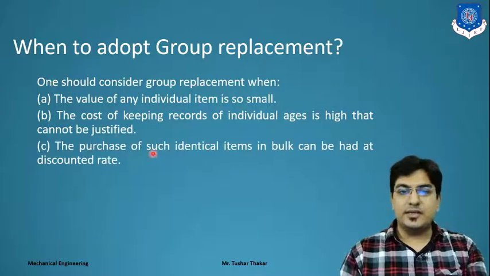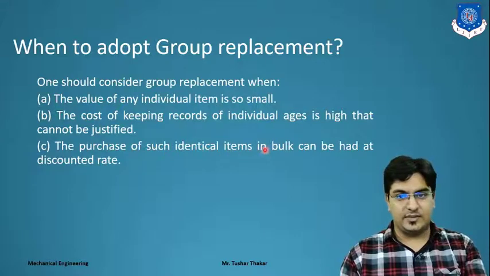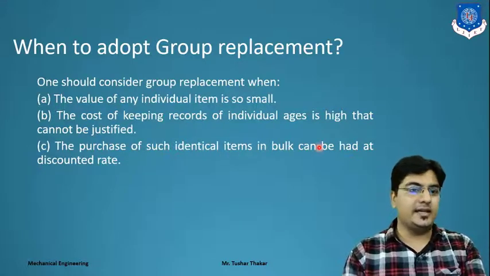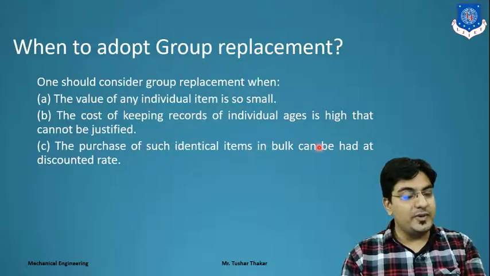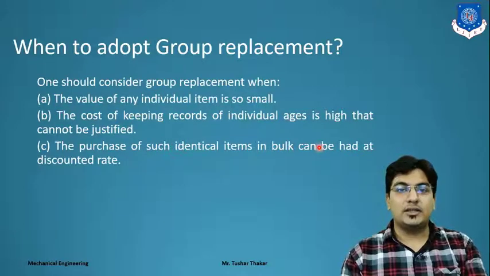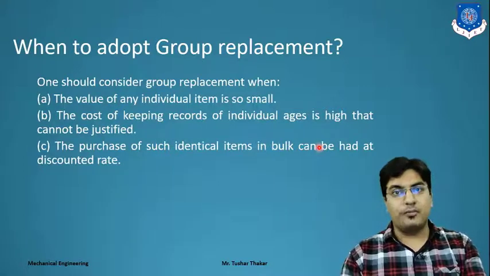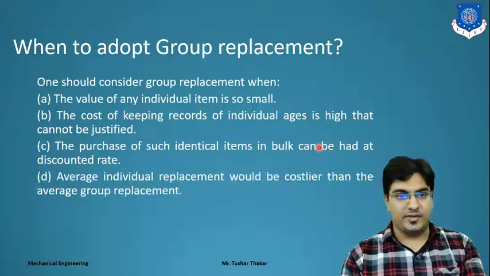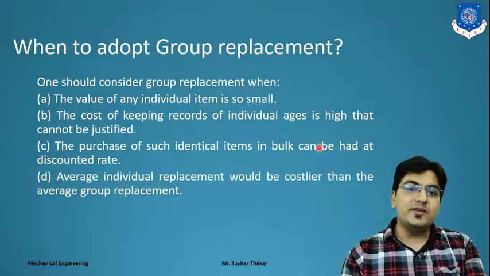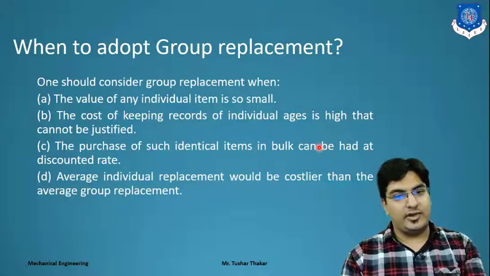Third, the purchase of such identical items in bulk can be had at a discounted rate, which means when we get some discount on purchasing a group or bulk of items, at that time we use group replacement. Next, the average individual replacement would be costlier than the average group replacement.